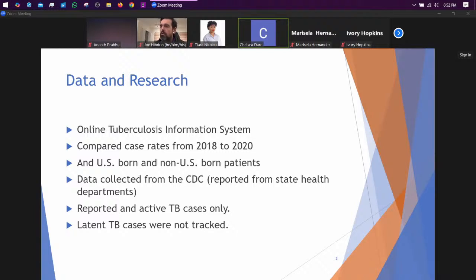The CDC collected this data. It's a mandatory disease reporting surveillance system, and state health departments report all active cases to the CDC. The caveat is that they're reported for active TB cases only. Latent TB cases are not as well tracked, or can also be misdiagnosed.